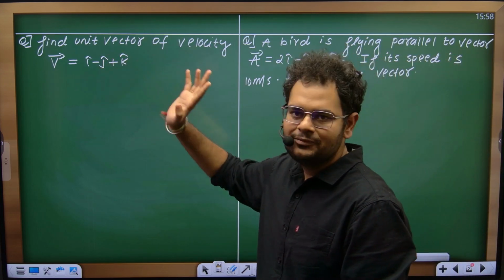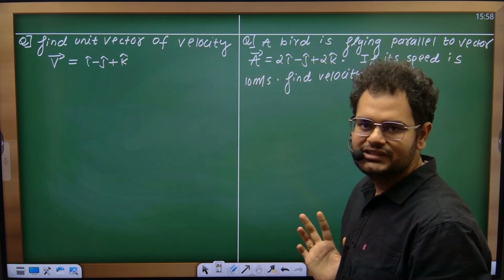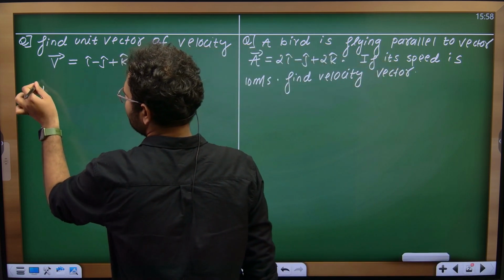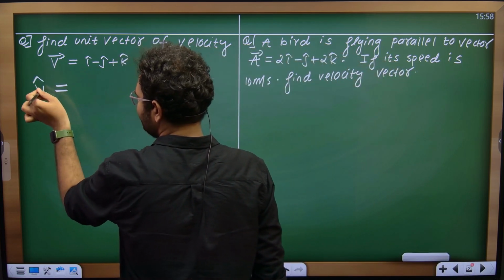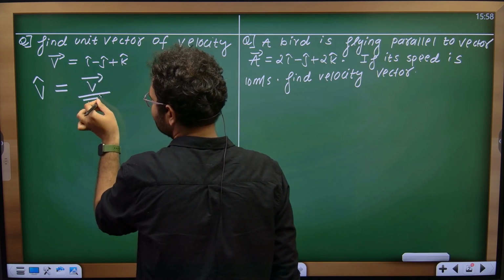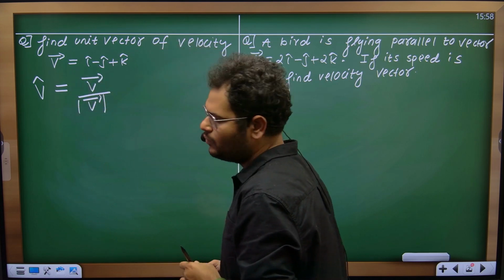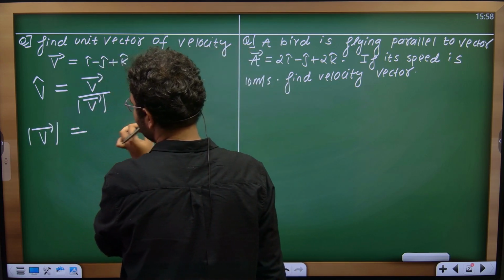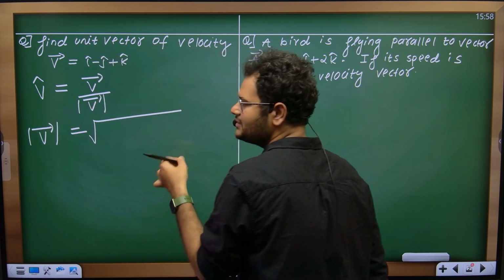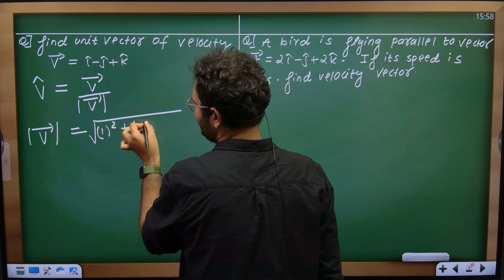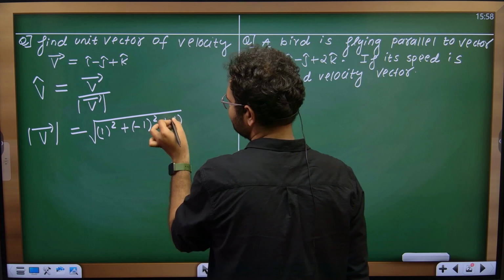What is numerical number 1? Find the unit vector of this velocity. You know the simple definition: the unit vector of any vector is obtained by dividing that vector by its magnitude. What is the formula for magnitude? Just now we have written it. The magnitude is the square root of ax square plus ay square plus az square, that is here 1 square plus minus 1 square plus 1 square.